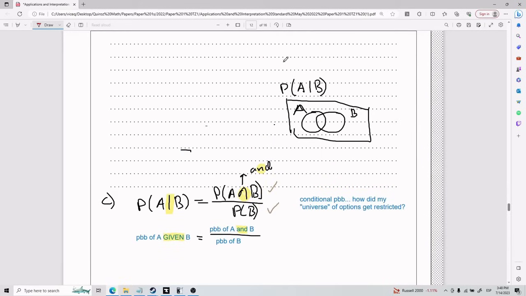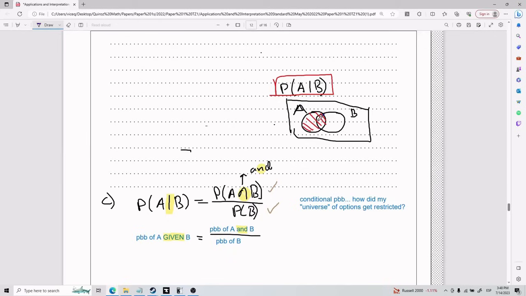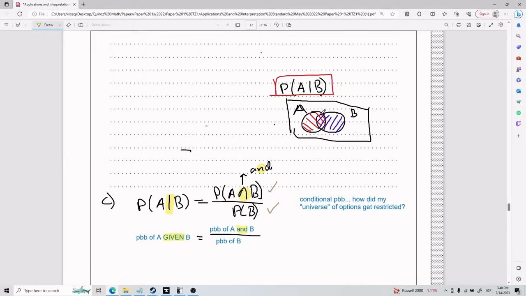Probability of A given B is what is the chance that you roll here in red, given that you're picking here in blue? See, you're picking from the blue, hoping that you get red, and so your universe is what's in yellow. You're picking from what's in yellow, hoping that you get red.